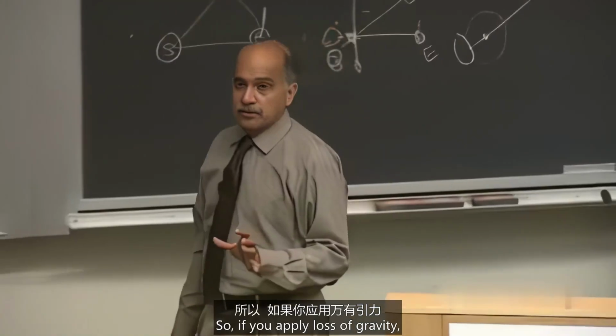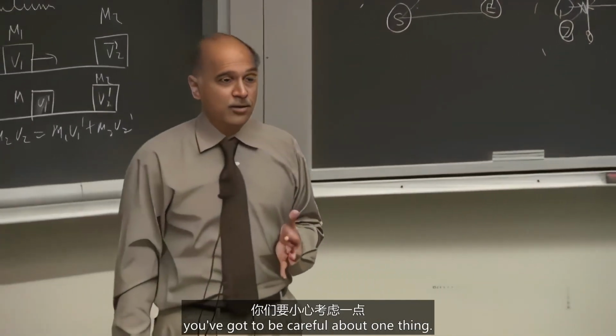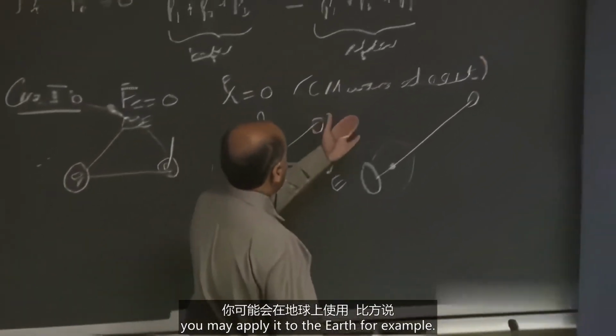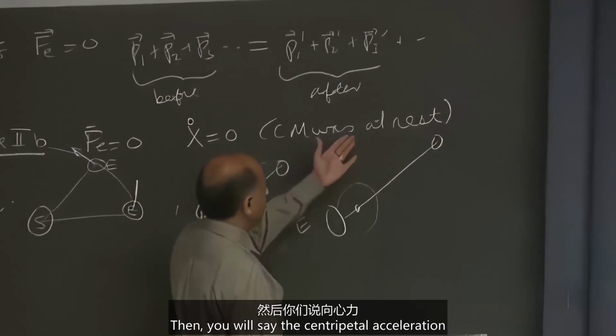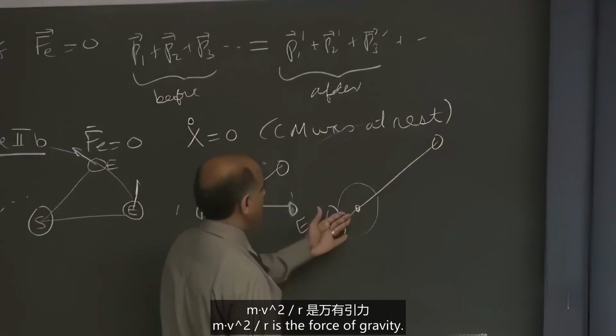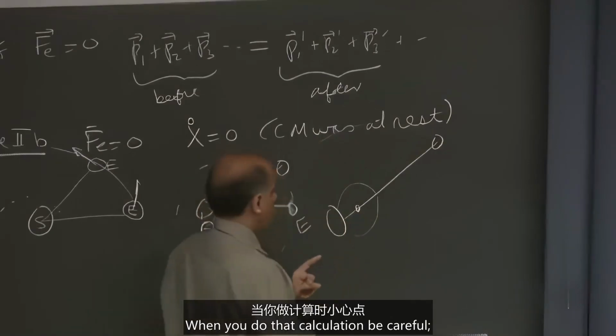So if you apply laws of gravity, I've given you a homework problem. You've got to be careful about one thing. When you apply the law of gravity, you may apply it to the Earth, for example. Then you will say the centripetal acceleration, mv squared over r, is the force of gravity. When you do that calculation, be careful.